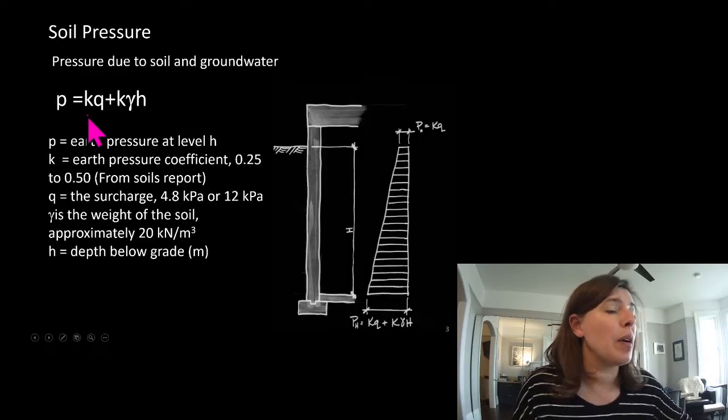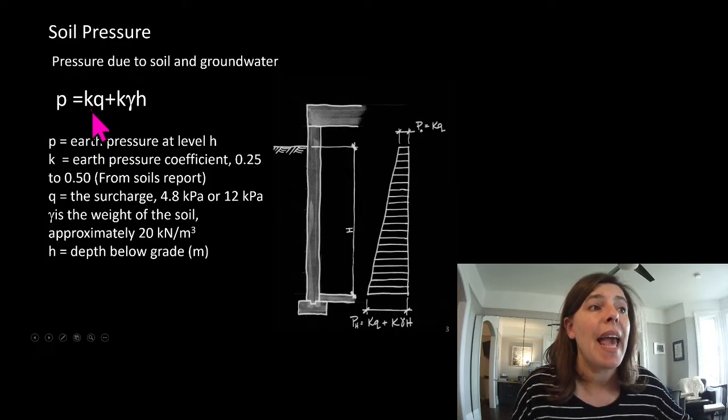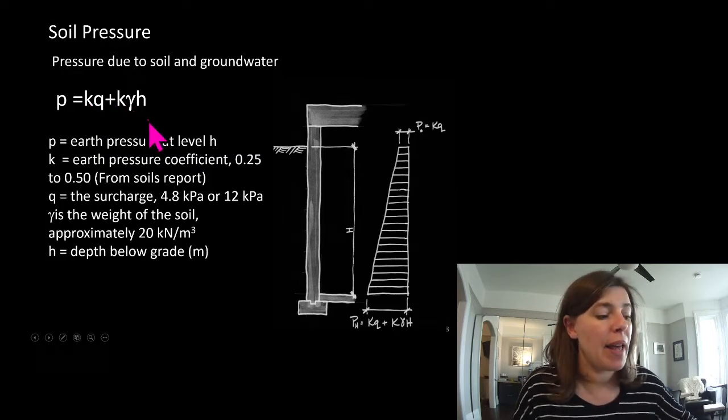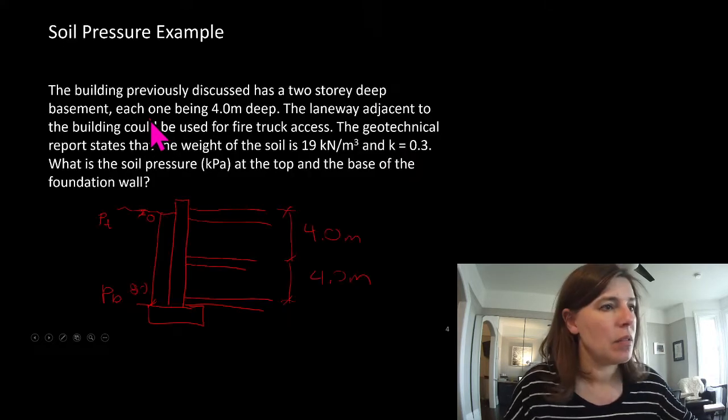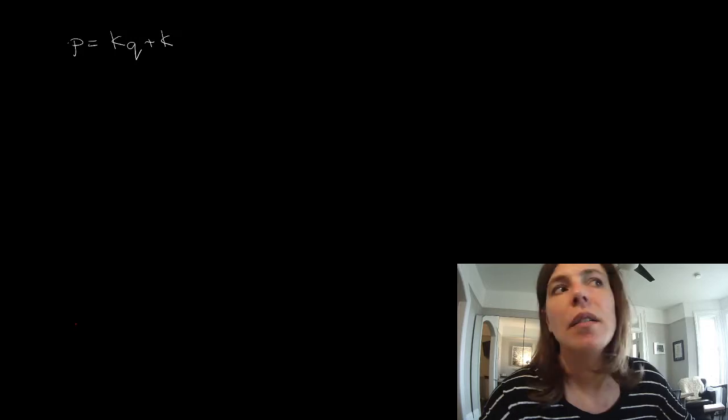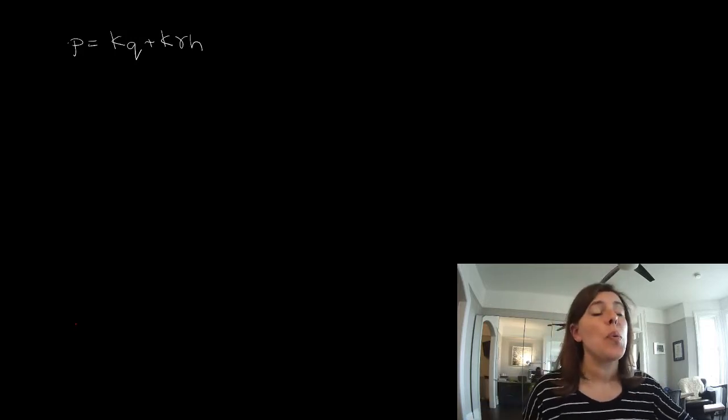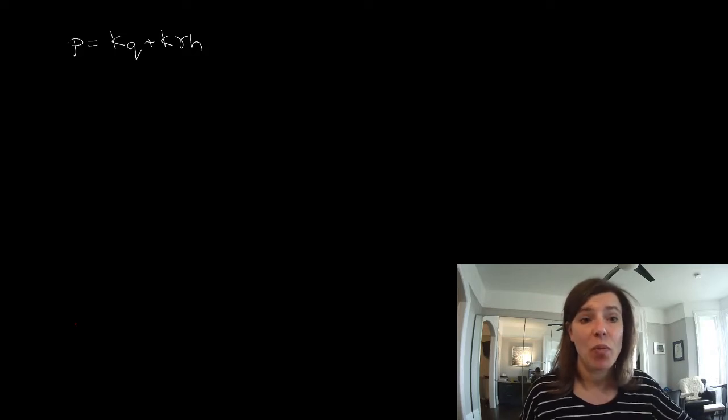So if you guys remember, P equals KQ plus K gamma H. So P, pressure, equals K, which is the coefficient of friction of the soil.